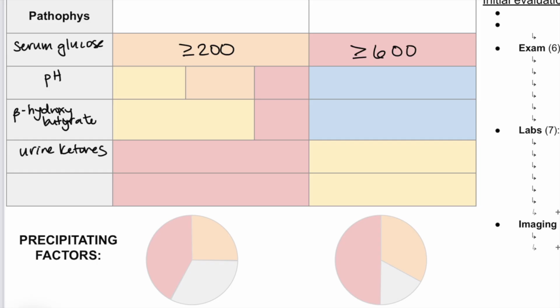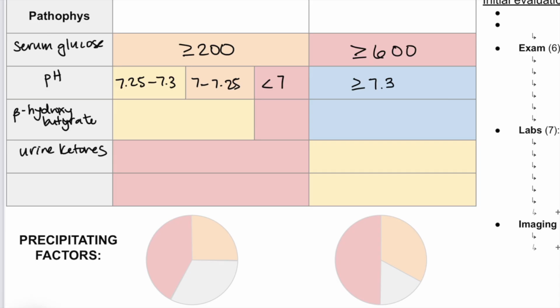So those can vary in severity, where mild would be 7.25 to 7.3, moderate 7-ish to 7.25, and then severe having a pH of less than 7. On the other hand, HHS would have a pH in a normal-ish range.